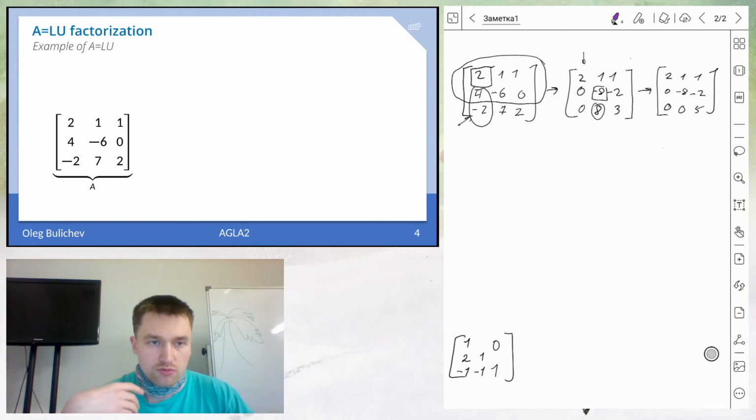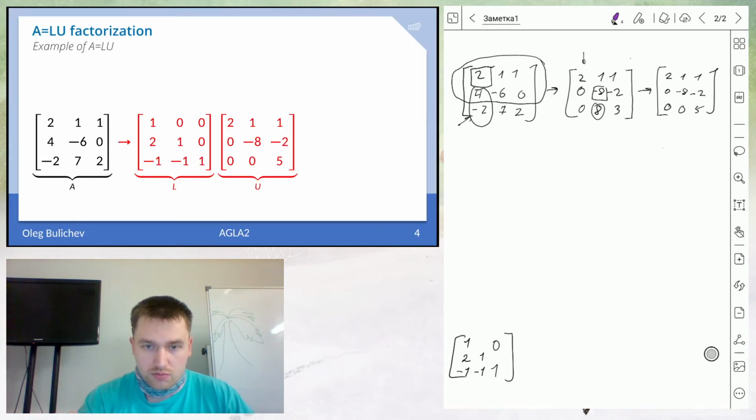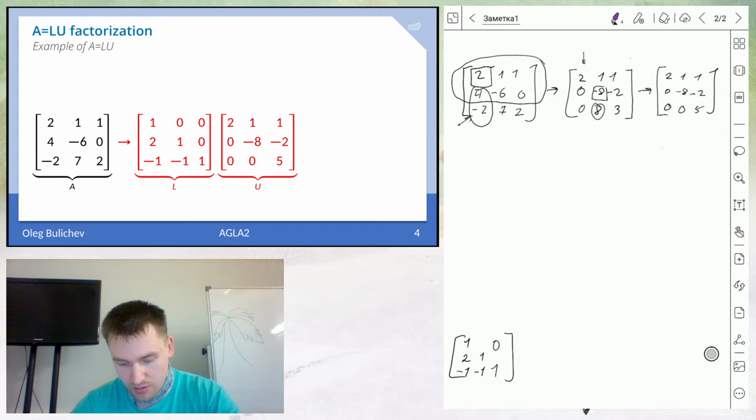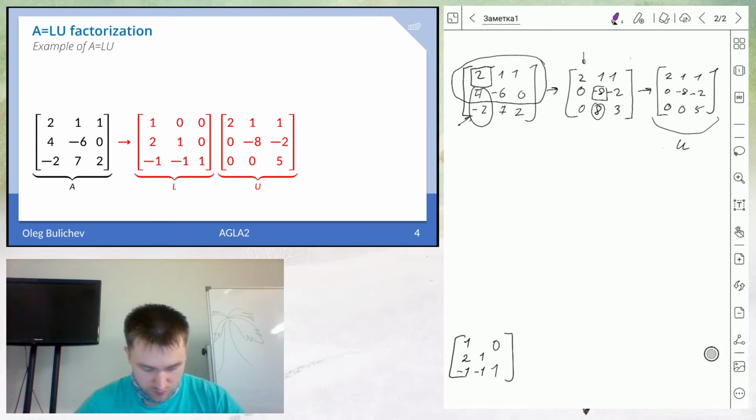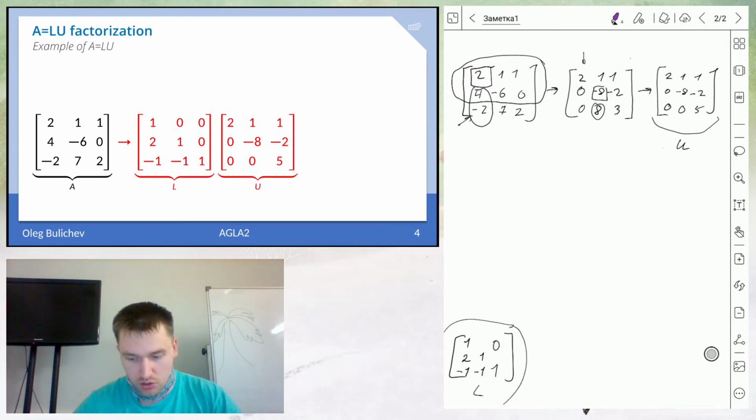Now we are going to LU factorization. So what can we see there? When we do Gaussian elimination, we receive the U coefficient matrix there. And our L, lower triangular, is just the coefficients which we wrote down when we multiplied something, and that's it.